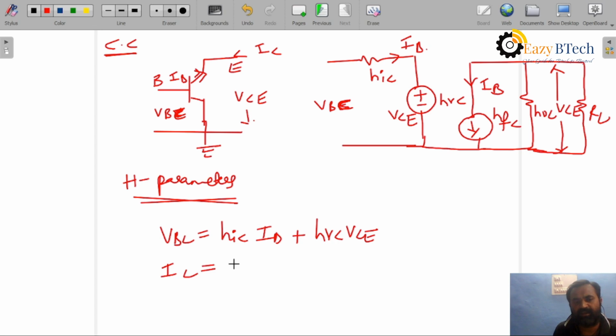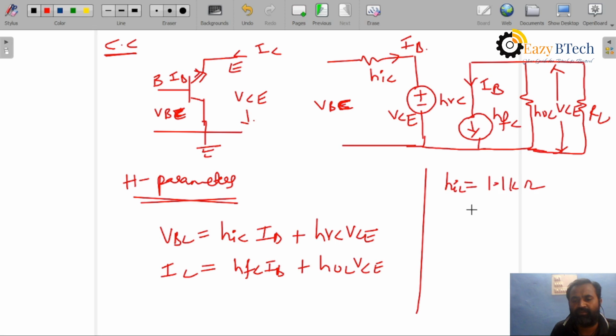IC is equal to HFC IB plus H0C VCE. And typically input impedance is high, HIC is 1.1 kilo ohm, HRC is 1, HFC is minus 51, H0C is 25 microampere per volt.